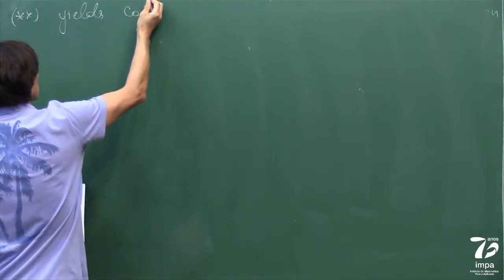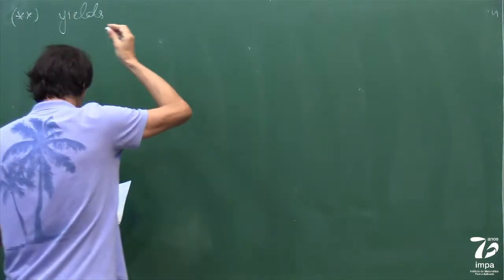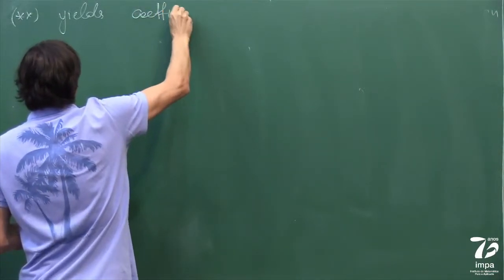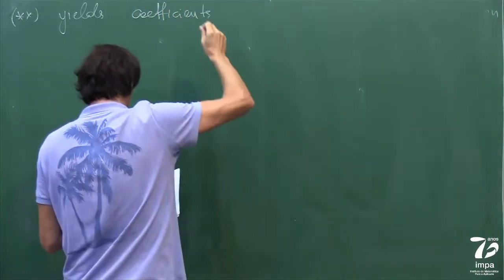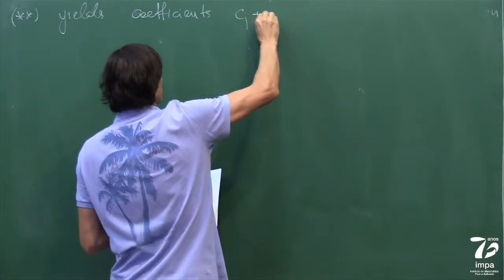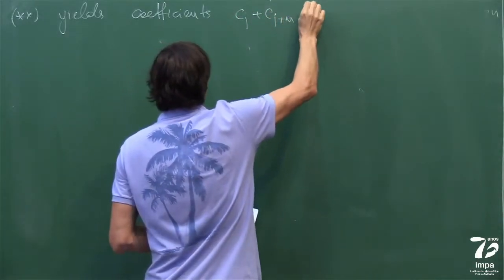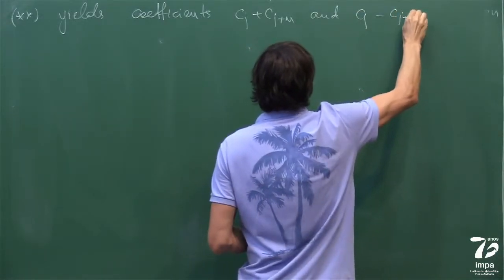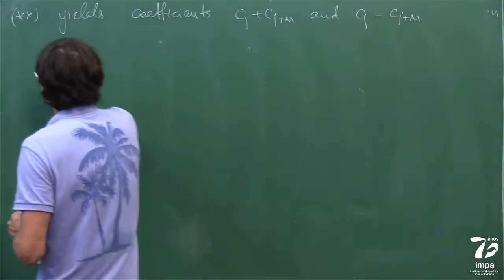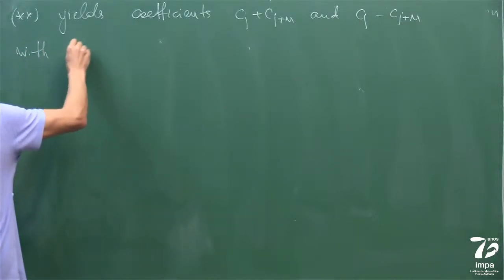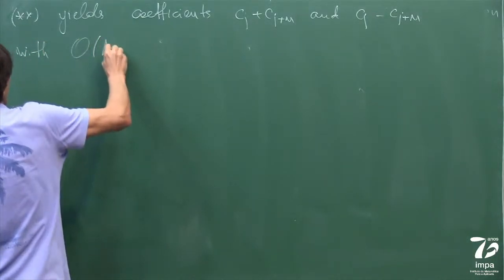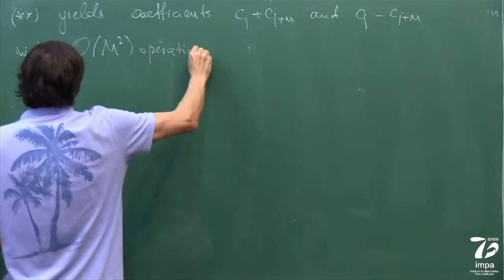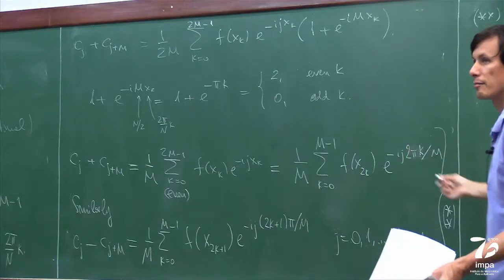So this 2 star system yields the coefficients cj plus c(j plus m) and cj minus c(j plus m), with all m squared operations. Yeah, because every sum is just m terms.